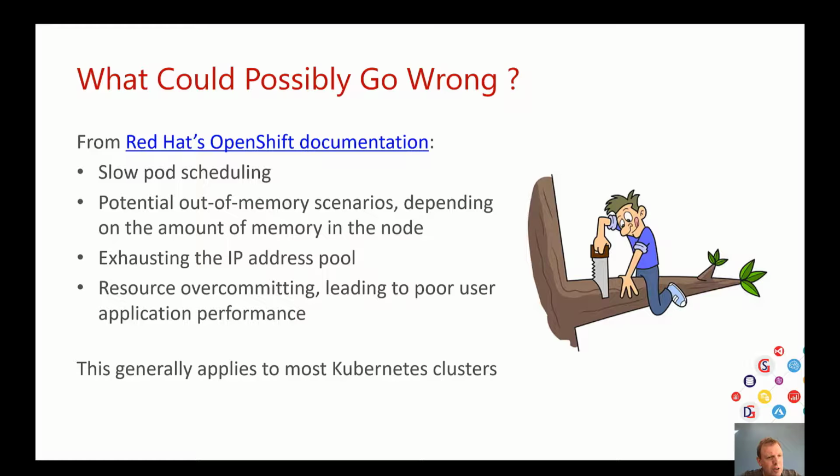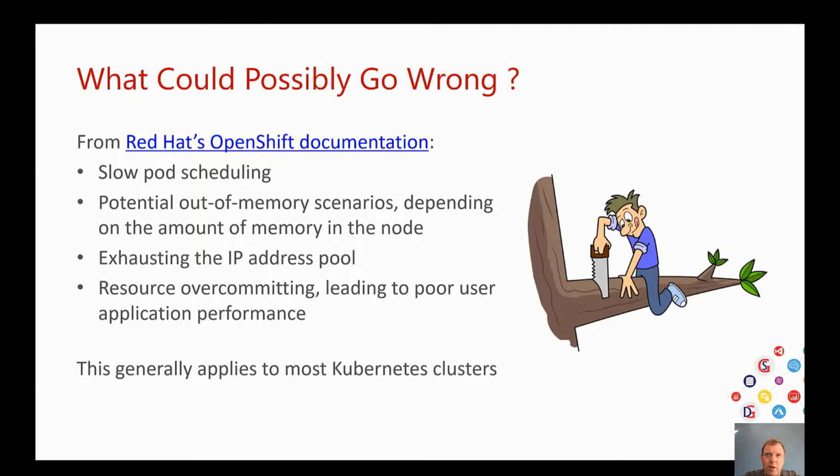Okay, so I mentioned kubelet overheads. So this information comes from Red Hat. The reason why Red Hat are important in the world of Kubernetes is because for a long time they have produced what many people consider to be the only production grade distribution of Kubernetes for running on premises.